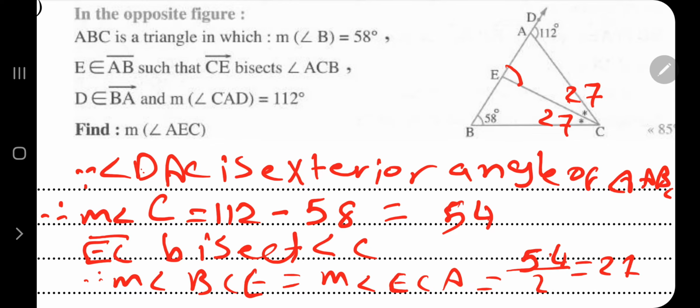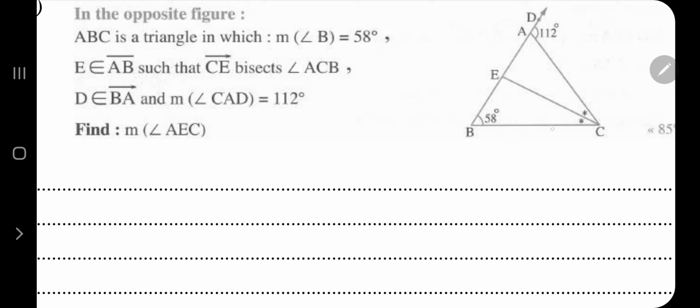I will complete. Here is 27 and here is 27.